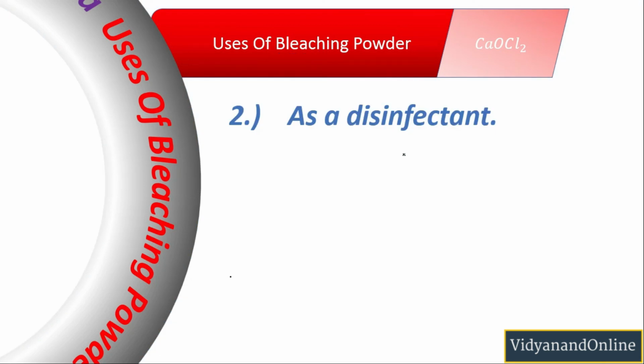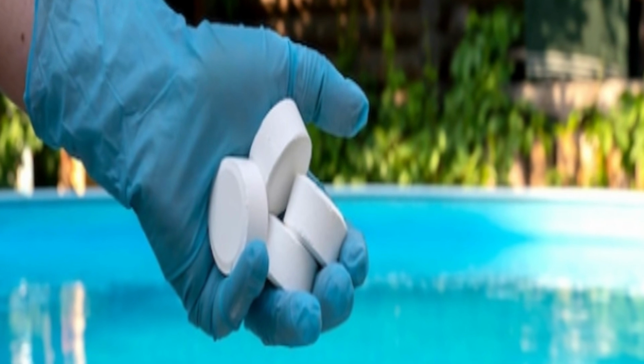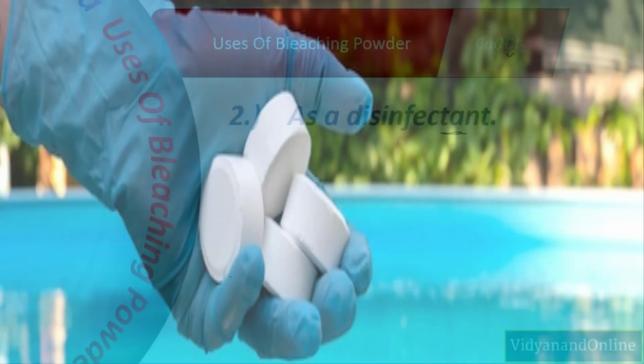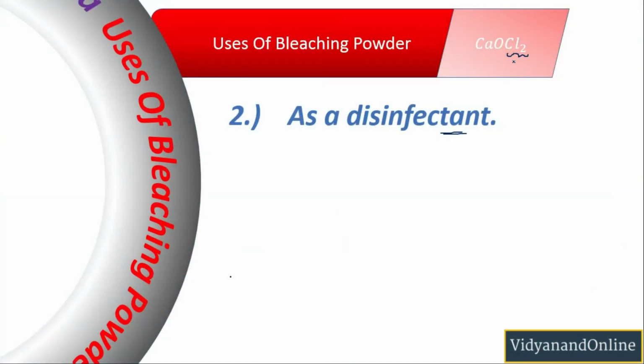Now the next use is as a disinfectant. What is a disinfectant? It means that it makes the water fit for drinking. We know that in bleaching powder we have chlorine gas once you dissolve bleaching powder in water, right?